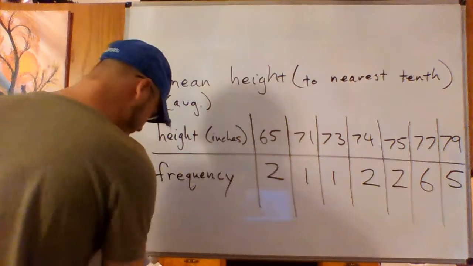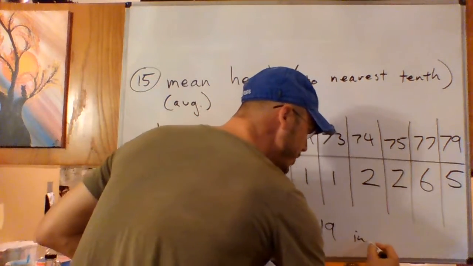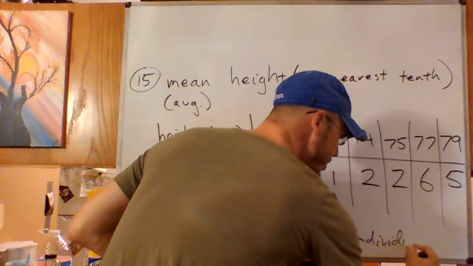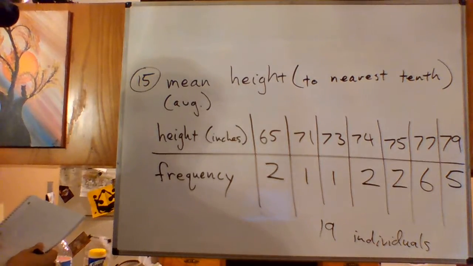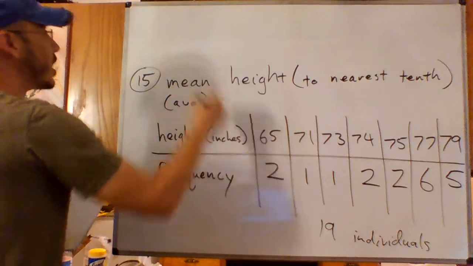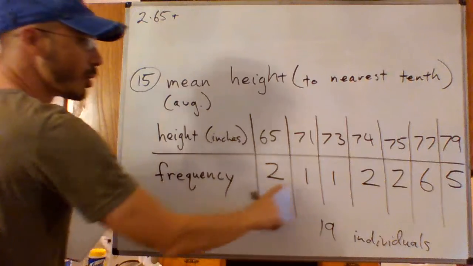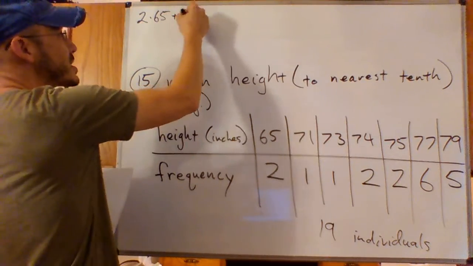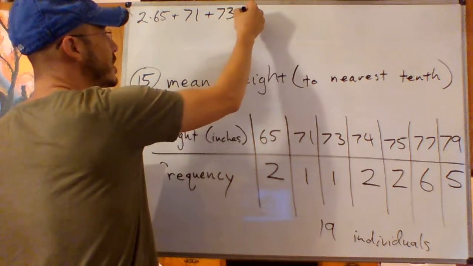To find the average of these numbers, remember there's 19 individuals. What I need to do is 2 times 65 plus only 1 times 71. I'm just going to write 71. 1 times 73, that's just 73.